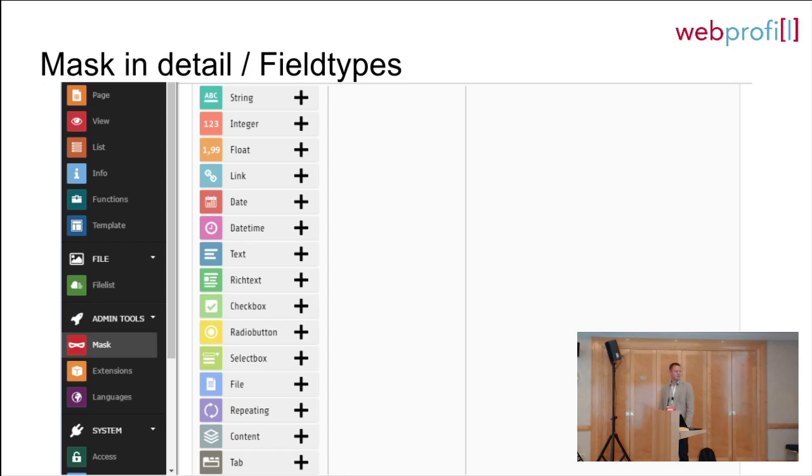And a select box. This is a very interesting field. You can add a static select box. You can add some values like colors or whatever you need. And you can also pre-fill the select box dynamically. So you have a setting here in the wizard for an external table.